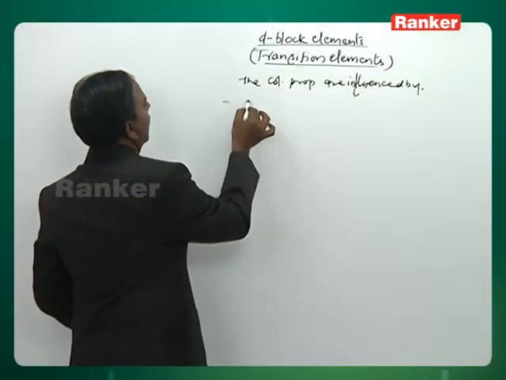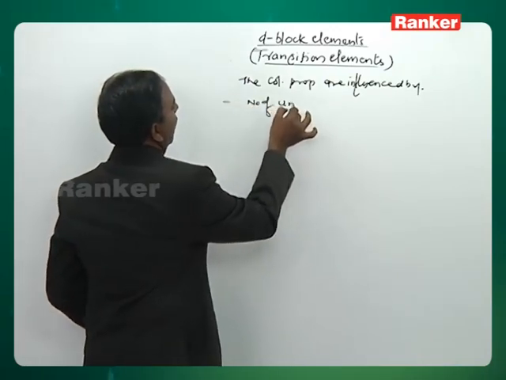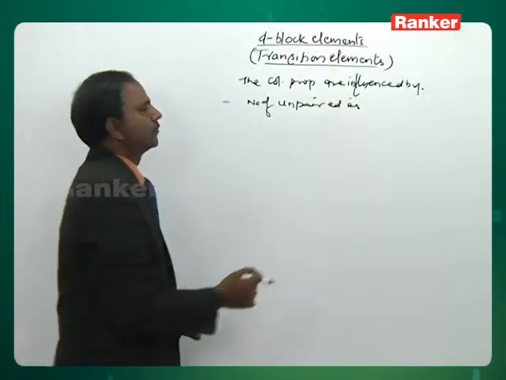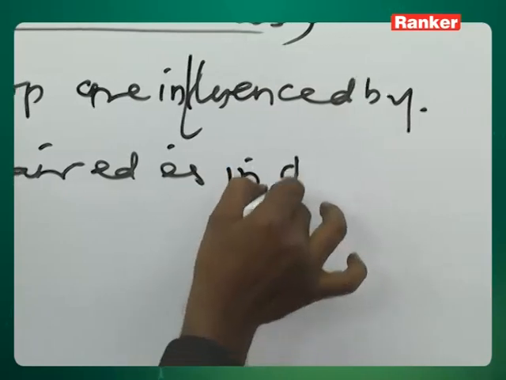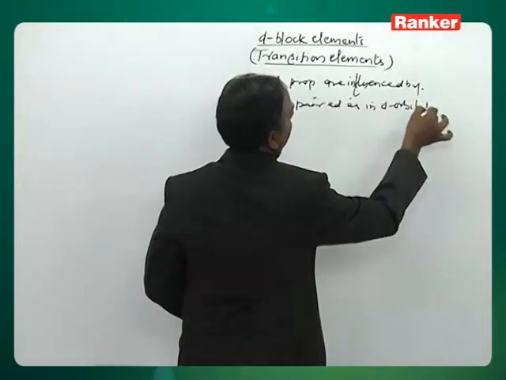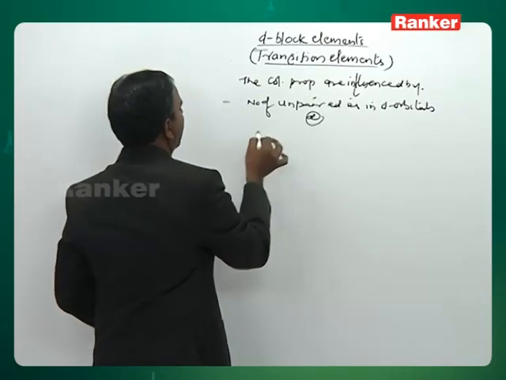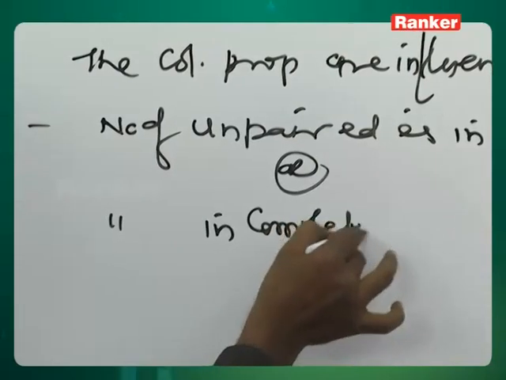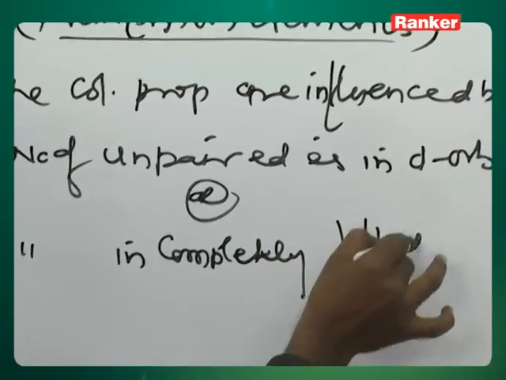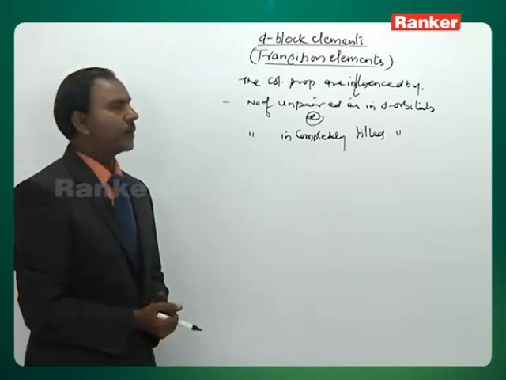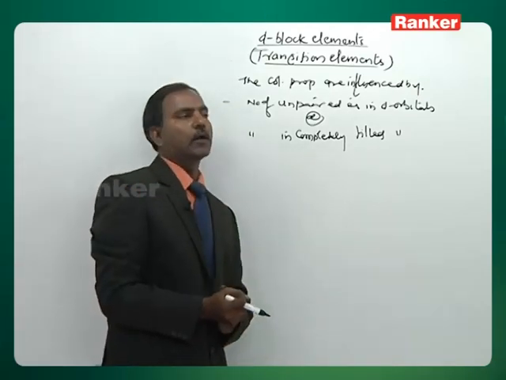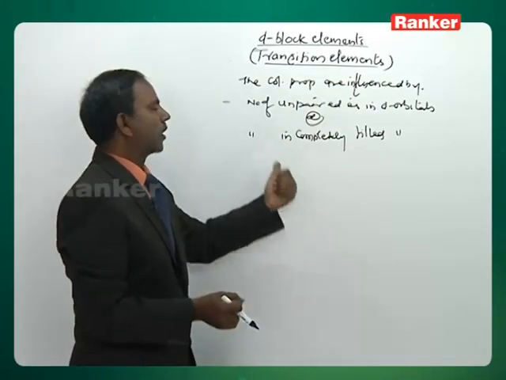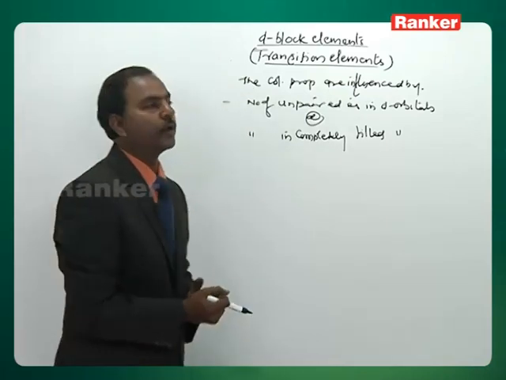The first factor is the number of unpaired electrons in d orbitals, or the number of incompletely filled d orbitals.